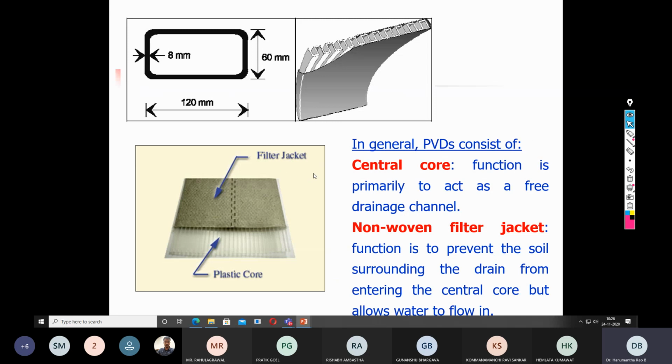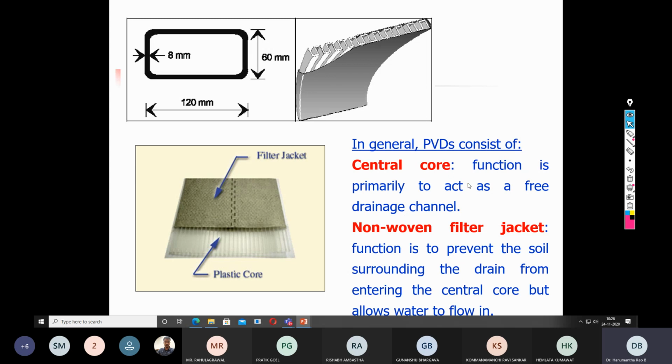This is another cross section. This is 120 millimeter width, 60 millimeter width, and 8 millimeter thick. As you can see, these are all channel types. They will act as capillary tubes, and the geotextile is wrapped outside. This is a real picture: this is a plastic core and this is the filter jacket. So these are the two functions.